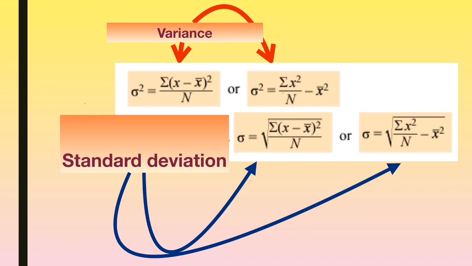Positive value, no negative value. Okay, if I have, let's say, standard deviation 2, then my variance is 2 square, so variance is 4. See that? Good.